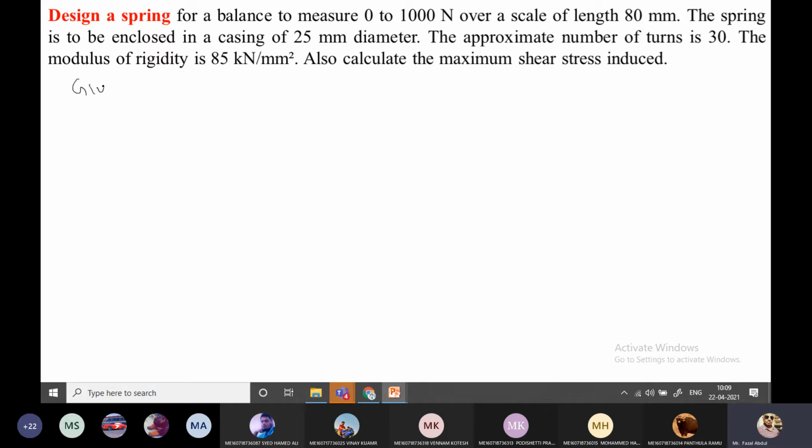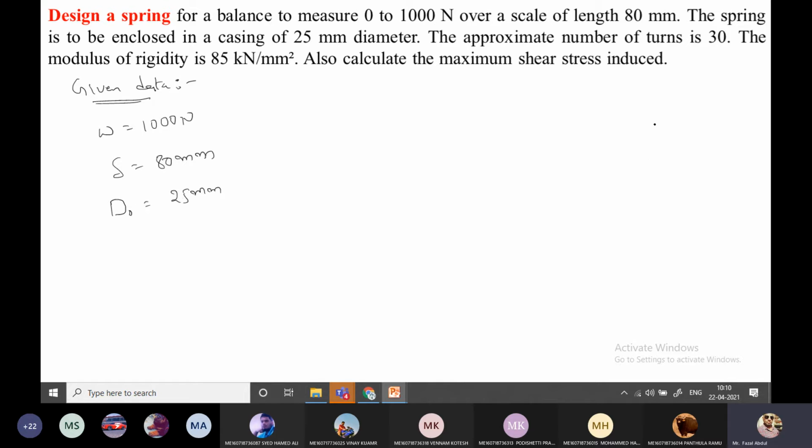Load W is measured from 0 to 1000 newtons, so I am considering 1000 newtons, over a scale of length 80 mm, so nothing but total deflection of 80 mm. The spring is to be enclosed in a casing of 25 mm diameter. So this is nothing but the outside diameter of the spring, 25 mm.